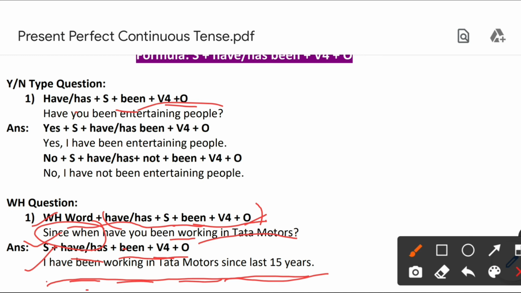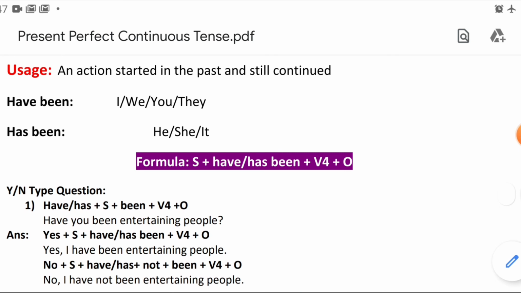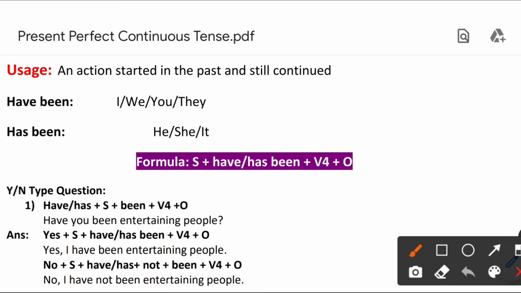So basically the trick is you have to remember the helping verb and the verb form of the tense, and you just have to replace and change their places according to the type of sentence or the type of question.